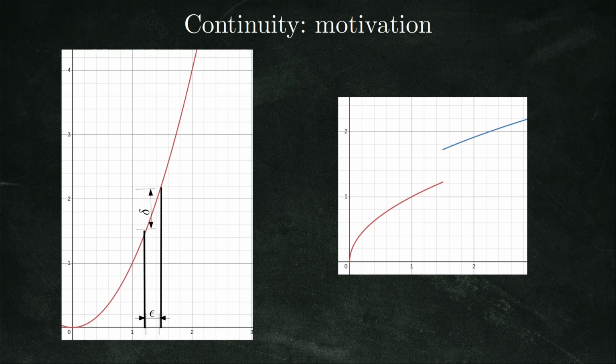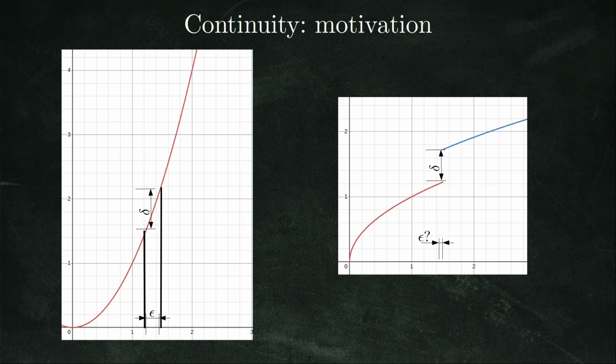However, for a non-continuous function, as this one here has a jump, if we try and make delta smaller than the distance in that jump, well, we can no longer find an epsilon such that the two points that are separated in x, a distance epsilon apart, have y coordinates that are less than delta apart.